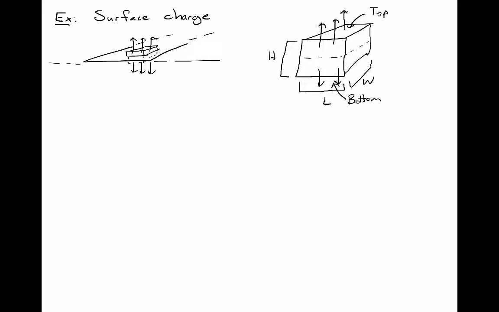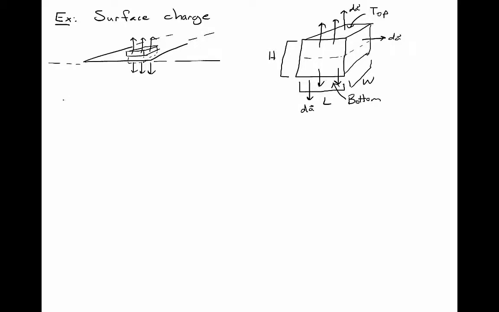Because dA for the top of the box is going to point up, dA for the bottom of the box goes down. So in both of those cases, the electric field and dA are in the same direction. But for the sides of the box, the flux is 0 because the electric field is parallel to the surface, or perpendicular to dA.